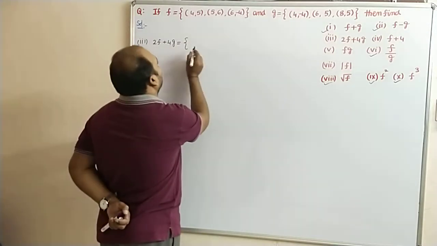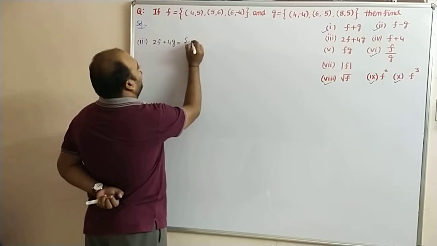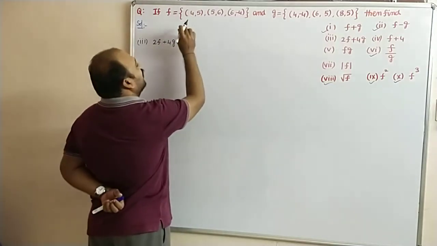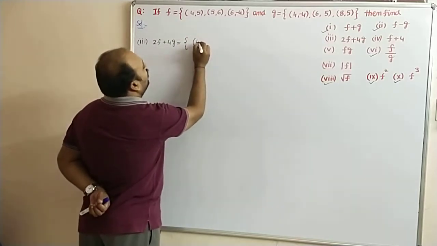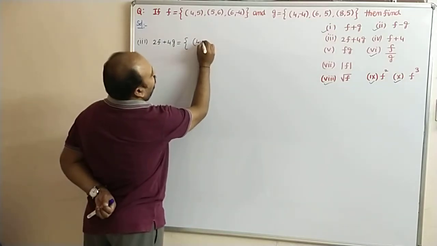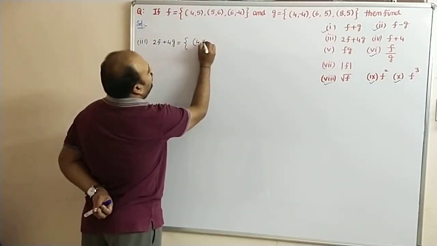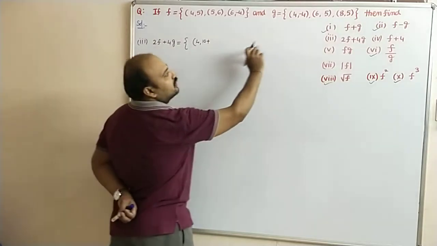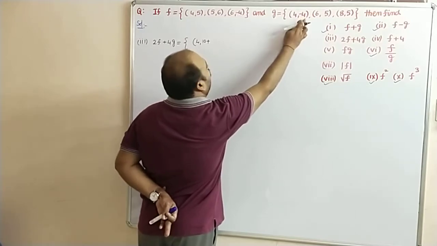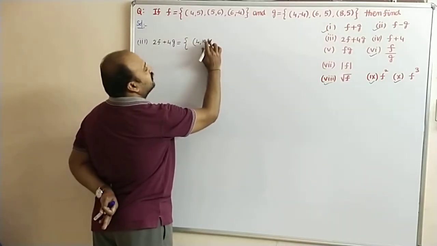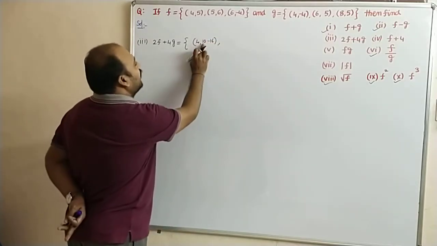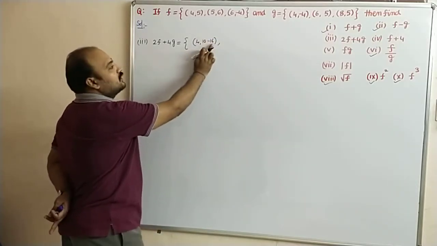Now 2f you can write like this. 4 comma 2f means 4 comma 2 into 5, 10, plus 4g. 4 comma minus 4 into the g value, minus 4 into 4, minus 16. 2f minus 16.